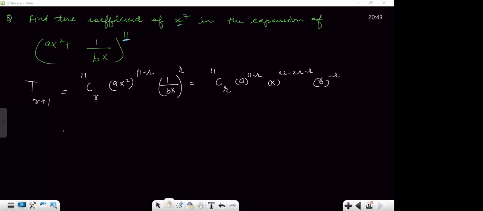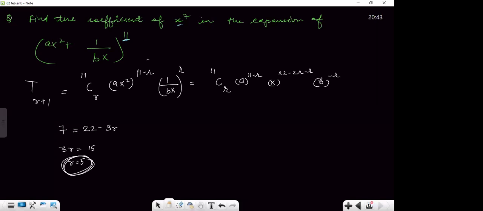So the x index has to be 7, but here it is 22 minus 2r minus r, that is 3r. Let's bring the 3r onto the left-hand side. This becomes 22 minus 7, which is 15. r comes out as 5.